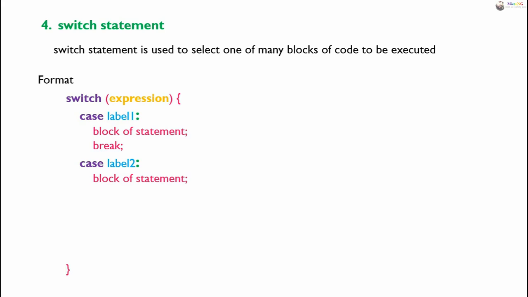After that we require a break statement, otherwise it falls into the next case block automatically. Similarly we can repeat for a finite number of labels, where each label is a value of the expression.